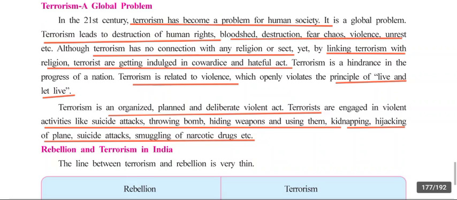Although terrorism has no connection with any religion or sect, yet by linking terrorism with religion, terrorists are getting indulged in cowardice and hateful act. That means terrorism does not necessarily belong to a single religion. Majority of people belong to Muslim, but that does not mean that Muslims are terrorists. Usually terrorists take the mental of Islamism to justify their acts, but technically, no religion on earth can justify the acts of terrorism.